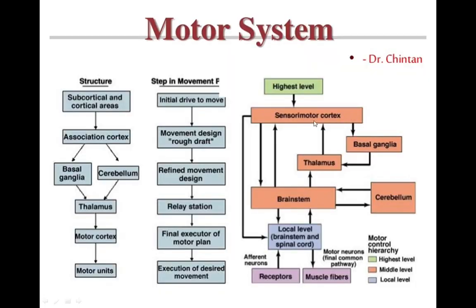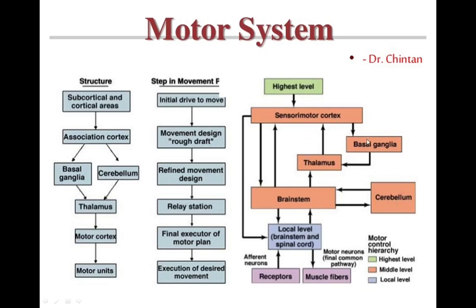Okay, so if you look at this loop, you'll eventually come to a conclusion that the motor cortex is controlled by the basal ganglia and the cerebellum. You have this loop, isn't it? That means there are afferents coming from the motor cortex to the basal ganglia and the cerebellum, and then there are efferents that are projected into the motor cortex via the thalamus. And this speaks volumes.